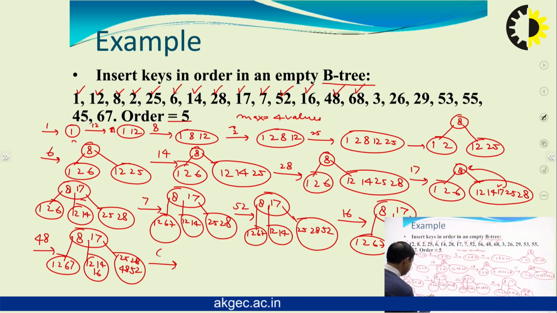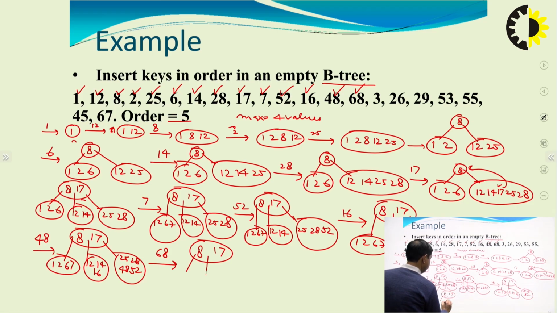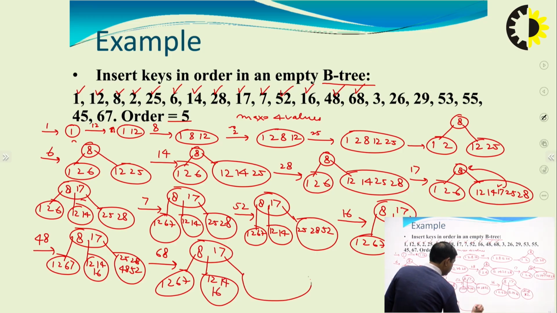If we are inserting 68, then definitely it will be in this node like this: 8, 17, 1, 2, 6, 7, 12, 14, 16, and here it will be 25, 28, 48, 52 and 68.